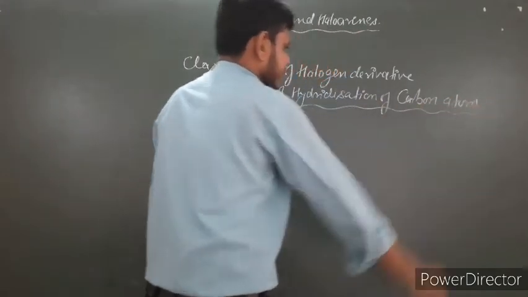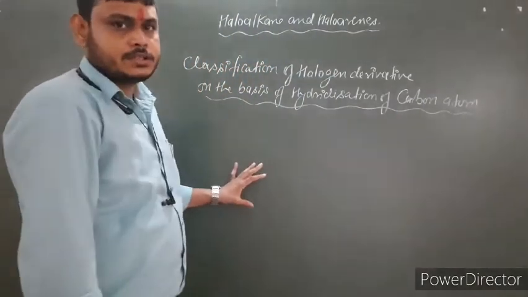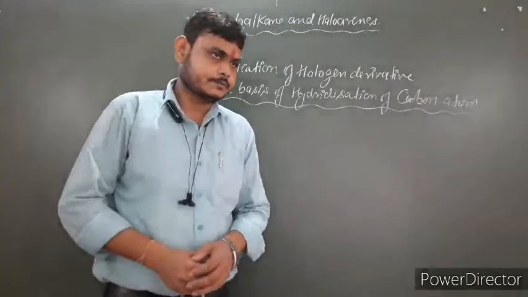Clear? Halogen derivatives are classified into three types on the basis of hybridization of carbon atom.